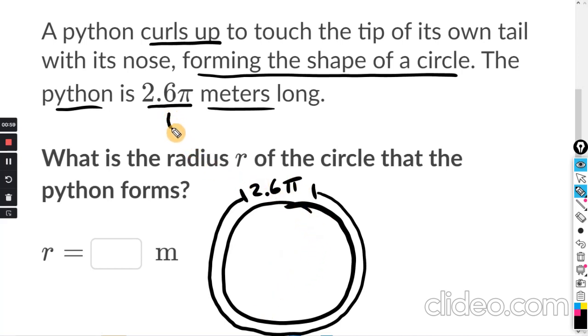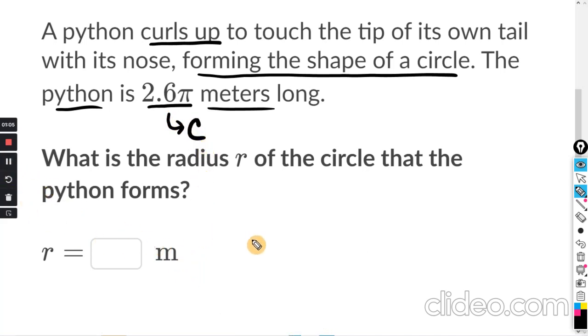So this right here is the circumference C. Now we said at the beginning the formulas for circumference: it equals 2 times pi times r, or it equals pi times d. Okay, same thing.